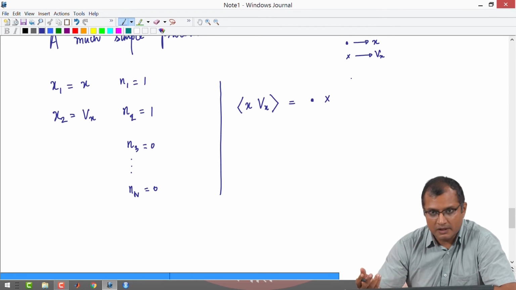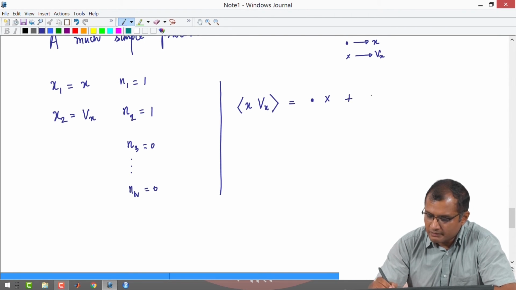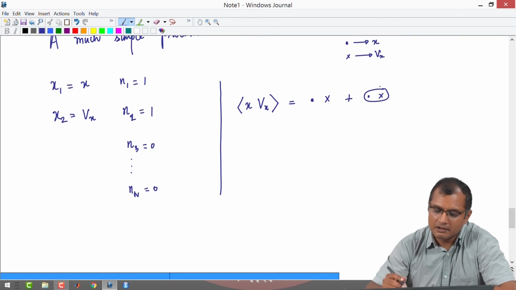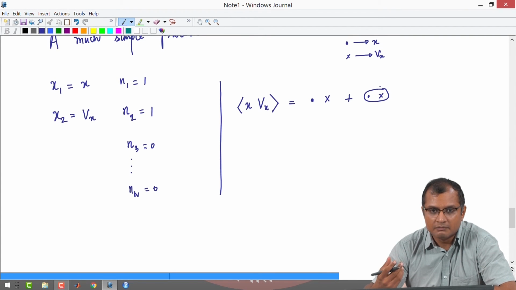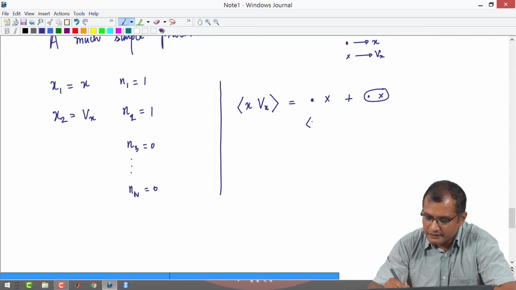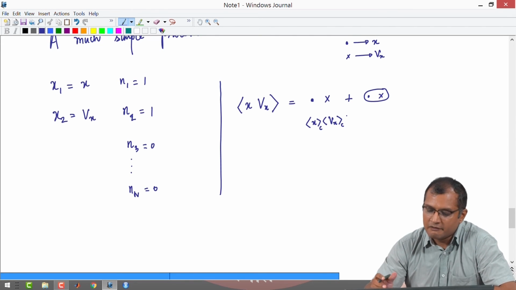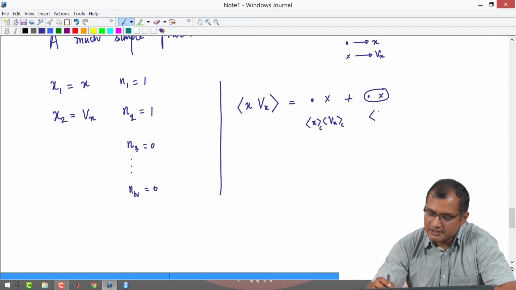I can leave them disconnected, or I can connect them. When you leave something disconnected, then it is basically a moment. So this is nothing but the moment of x into the moment of Vx, which is also their cumulant, since the first moment is also a cumulant. And when you make them connected, then this is simply a cumulant.